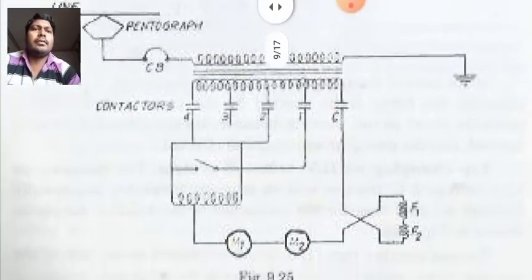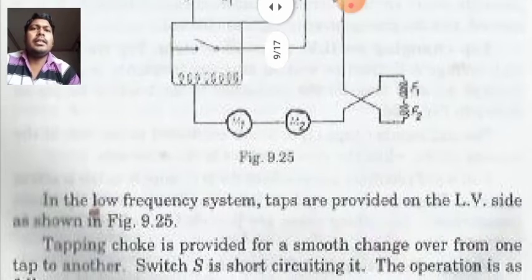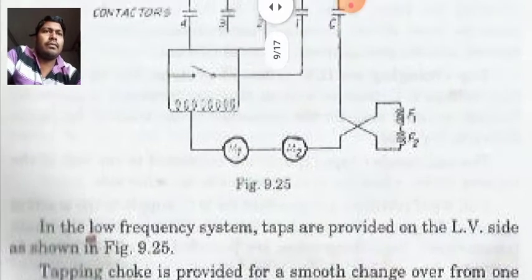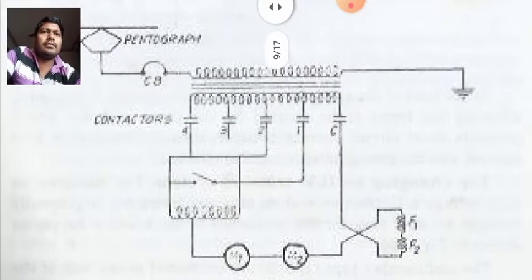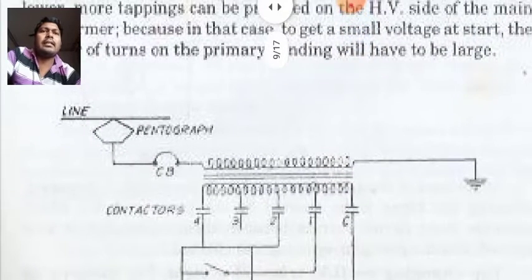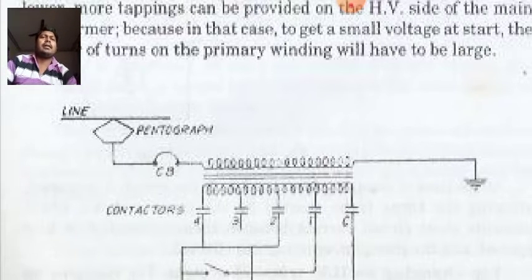Now in the low frequency system, taps are provided on the LV side as in figure 9.25. As it is shown, there is a line, there is a pantograph, and then there is a circuit breaker. You have a transformer, that is a tapped one.